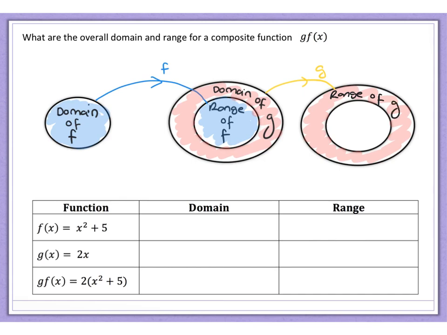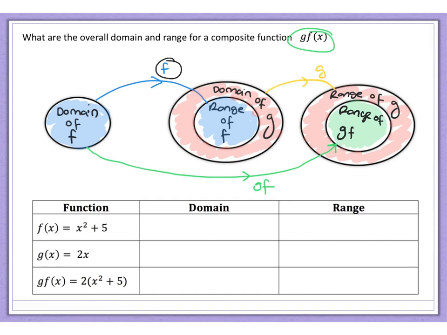But what actually we're doing is applying the function gf, so f first and then g, the composite function gf of x, which means that we start with the domain of f because f is being applied first, and we end up at the range of gf of x.